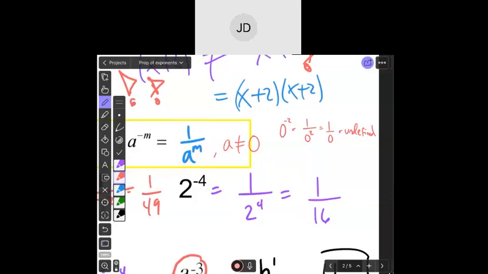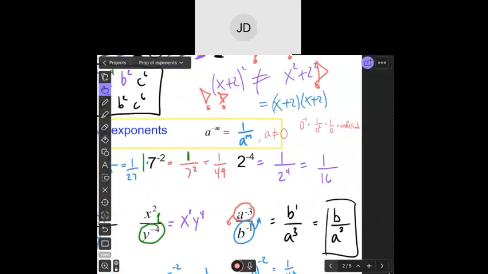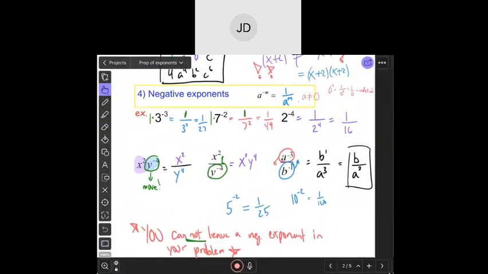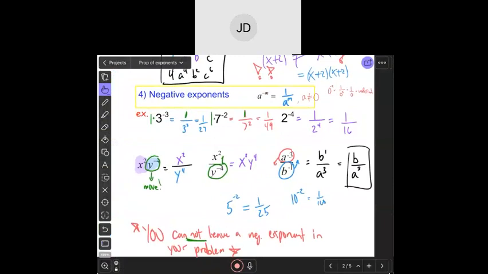This is a unicorn. This is counting unicorns. We can't do that. We can't take 0 to a negative number because division by 0 doesn't exist. You can't take 0 to a negative exponent because 0 division doesn't exist. You cannot get into groups of 0.